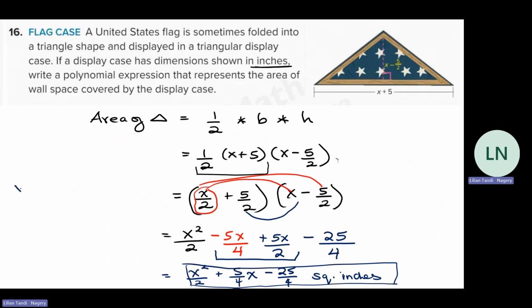You put here x over 2 and then bracket x minus 5 over 2 and then plus 5 over 2 bracket x minus 5 over 2. Like that. Okay? And then when you multiply this, it should give you this part. And then here, because they have x's, add them. You should get the answer.